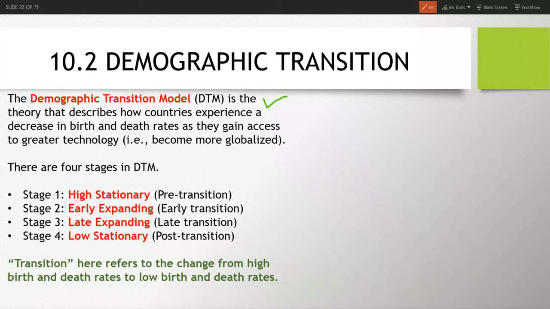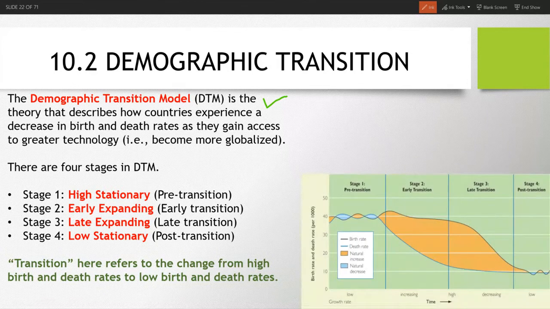For example, as a country transitions from an LEDC to an MEDC over time, we'll note that the birth rates and the death rates in that country tend to decline. There are a number of things we have to look at as we try to describe exactly what's going on there.